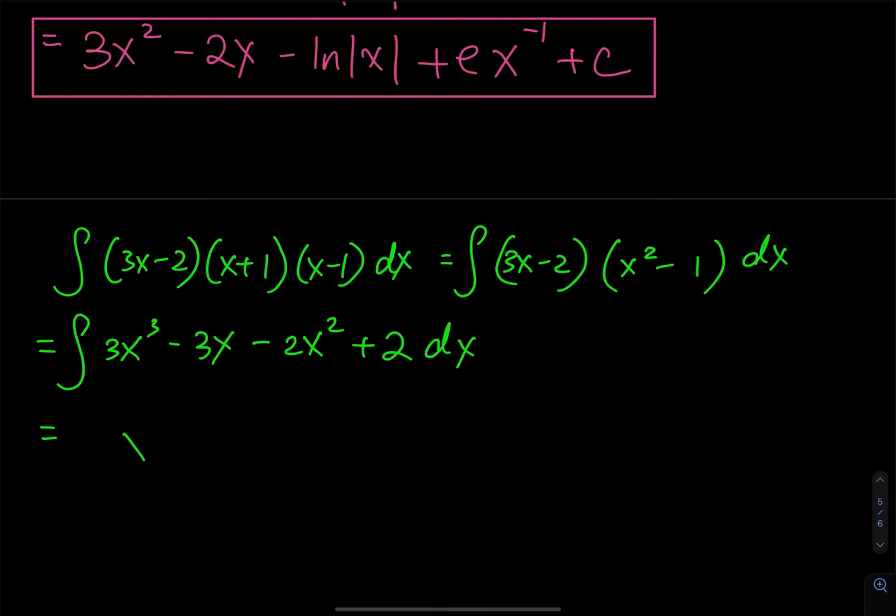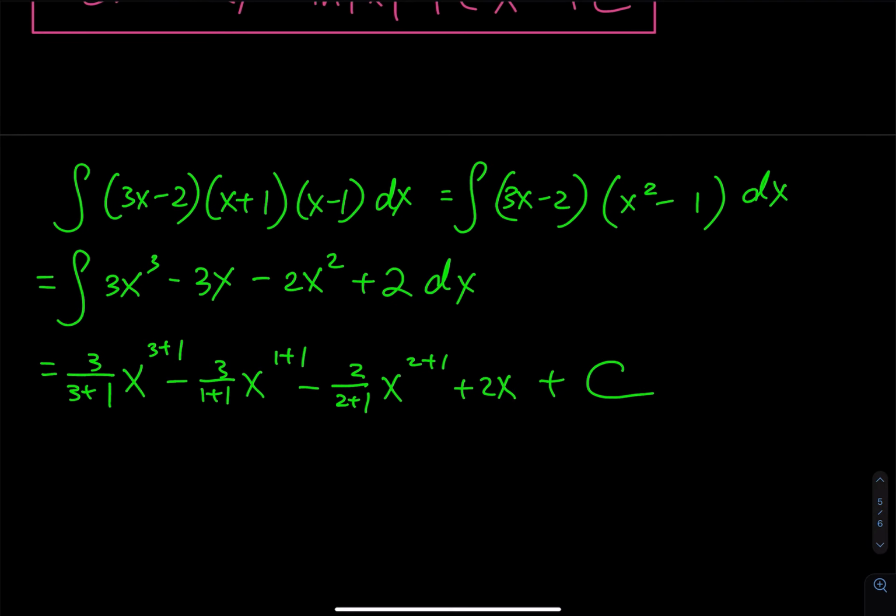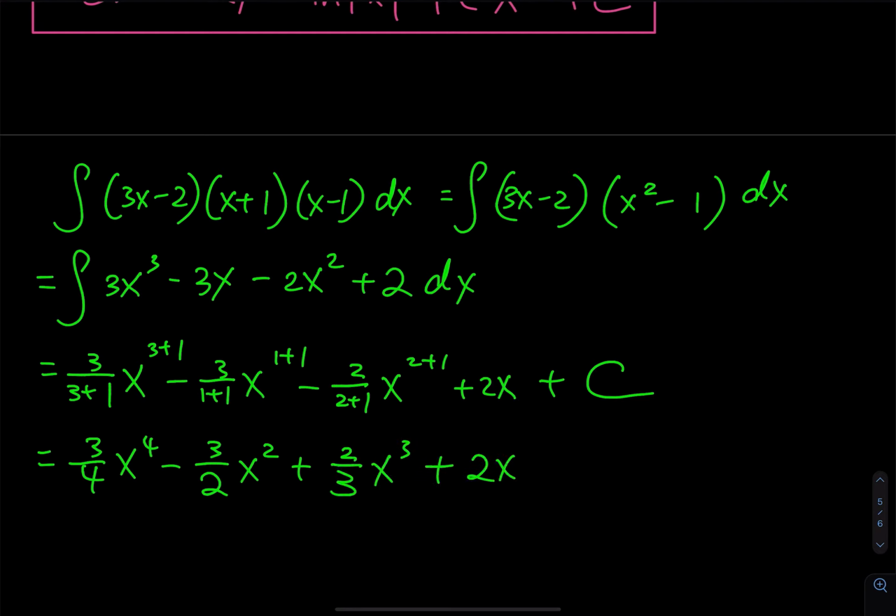So this is x to the 3 plus 1, and then 3 divided by that, x to the 1 plus 1, 3 divided by that, x to the 2 plus 1, 2 divided by that, and then 2x, and then you add a c at the end. Okay, clean up the coefficients. You have 3 over 4 x to the fourth, minus 3 over 2 x squared, plus 2 over 3 x to the third, plus 2x plus c.